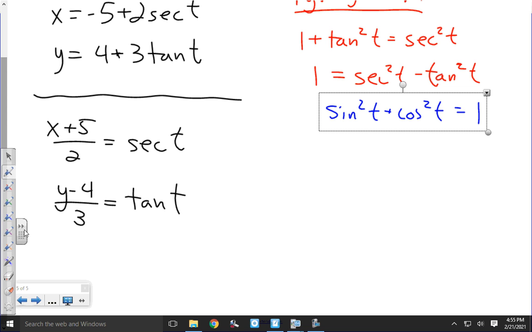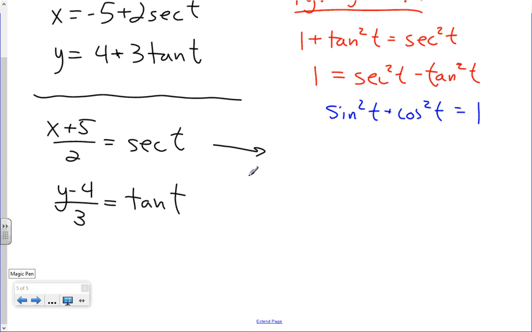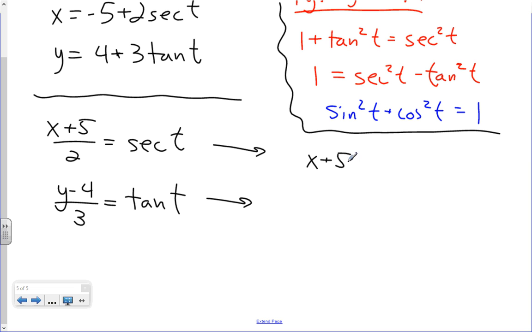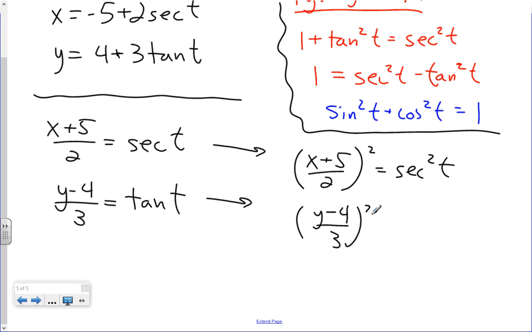So I'm going to take these two equations here, which are kind of my side work, and square them. I'm going to end up with x plus 5 over 2 squared is equal to secant squared. You take the other one and square both sides. I'll end up with y minus 4 over 3 squared is equal to tangent squared.